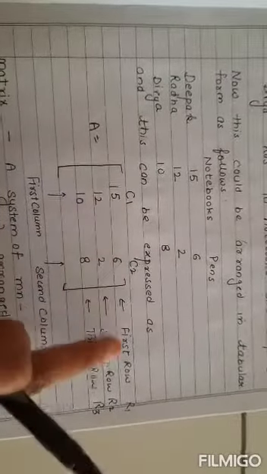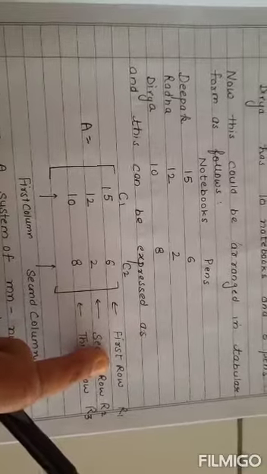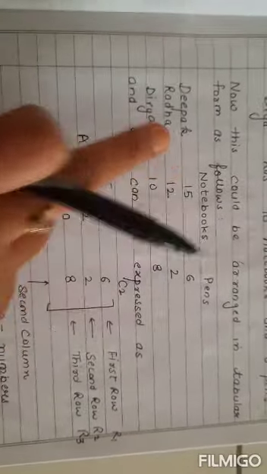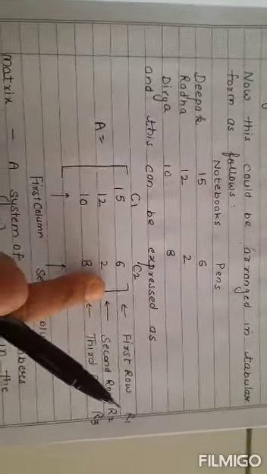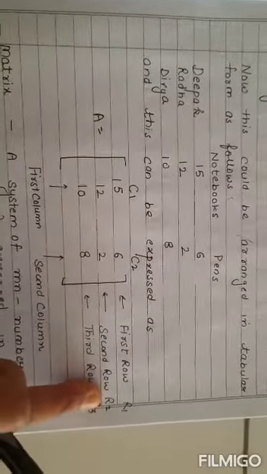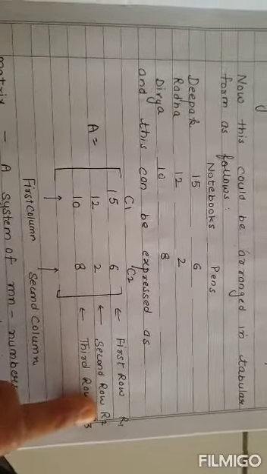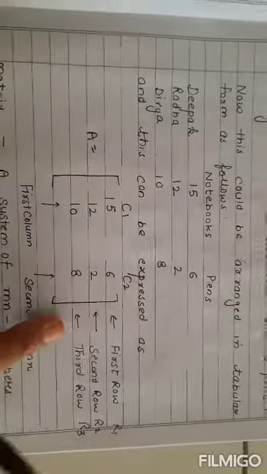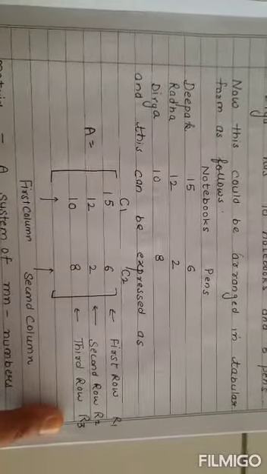If you look at the horizontal lines, the first row R1 represents the data of Deepak. The second row, R2, represents the data of Radha. And the third row represents the data of Divya.